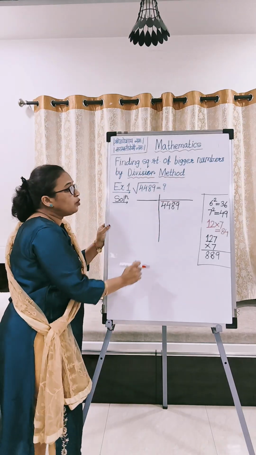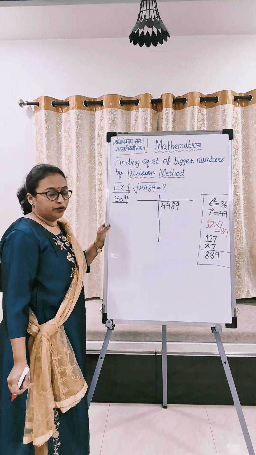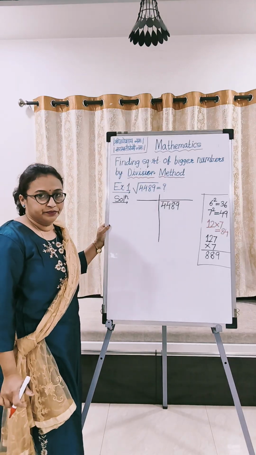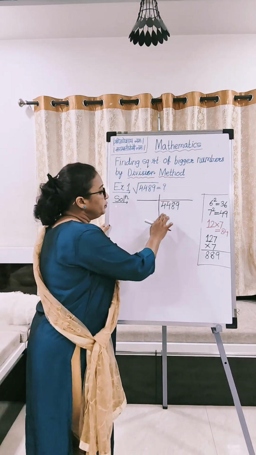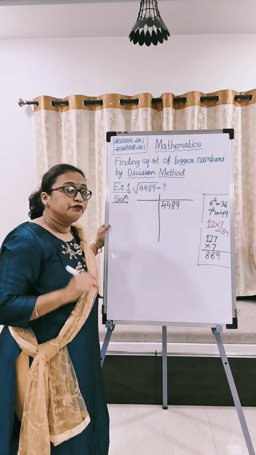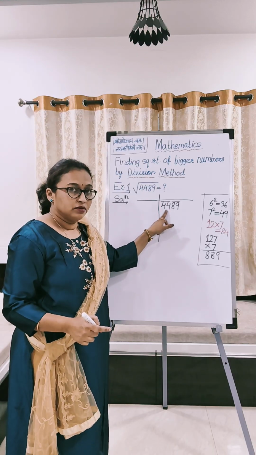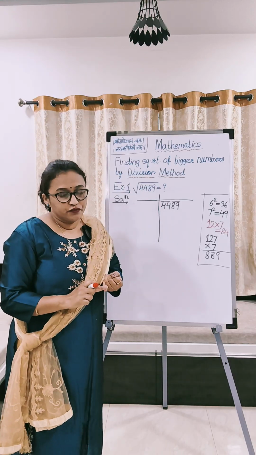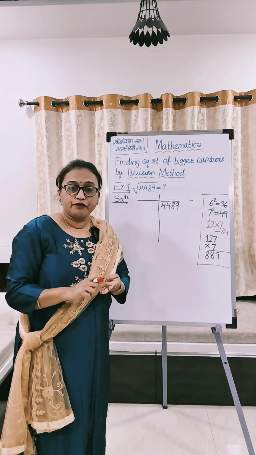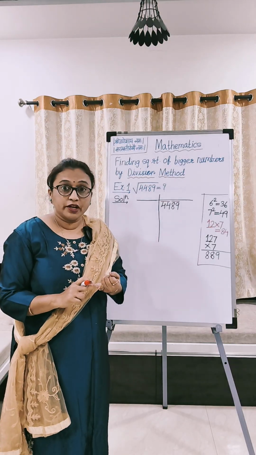Now consider the first group, 44. We are going to divide 44 first. What is the square number which can be subtracted from 44 easily? Square of 2 is 4, square of 3 is 9, square of 4 is 16, square of 5 is 25, square of 6 is 36 and square of 7 is 49.